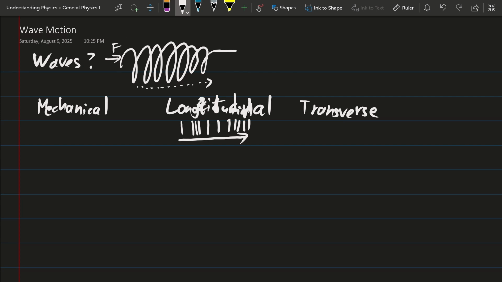So you can see here that the density is much tighter, and then there's some which is less dense. So that's one of the properties of a longitudinal wave.